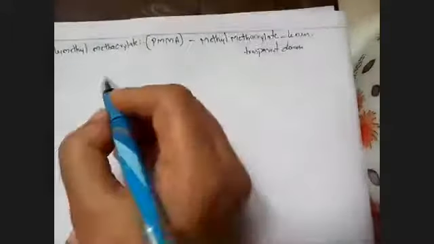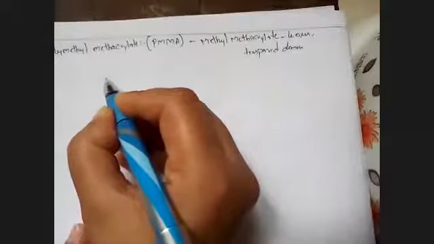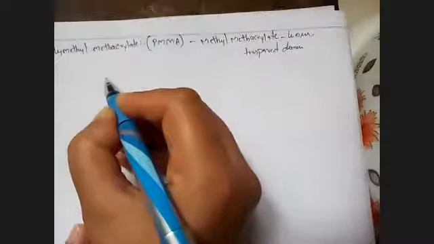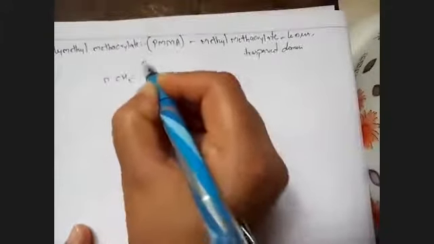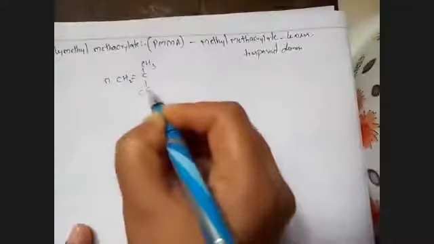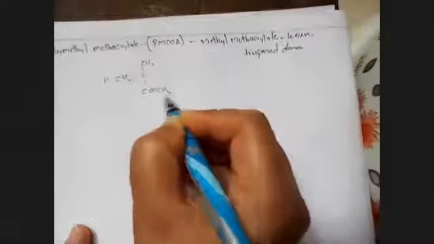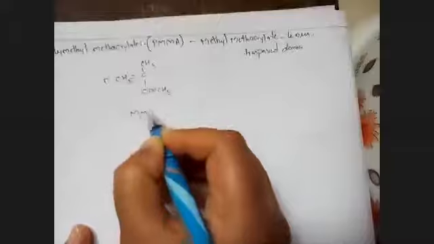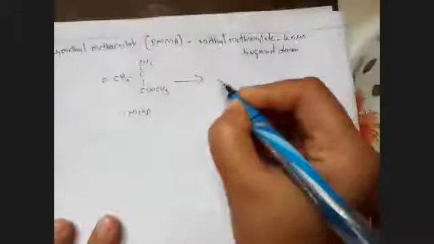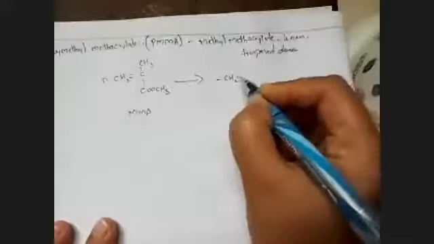The structure of MMA, methyl methacrylate, is n number of C double bond C, CH3, COOCH3. This is called MMA. Then if you add it continuously, you will get PMMA.